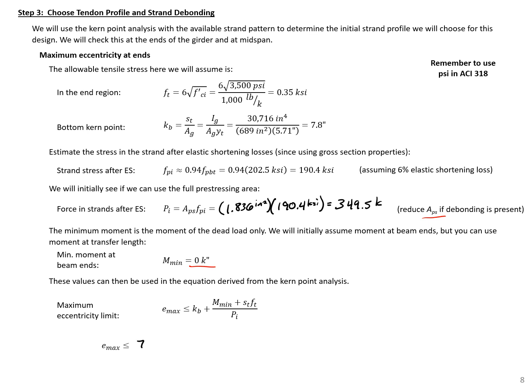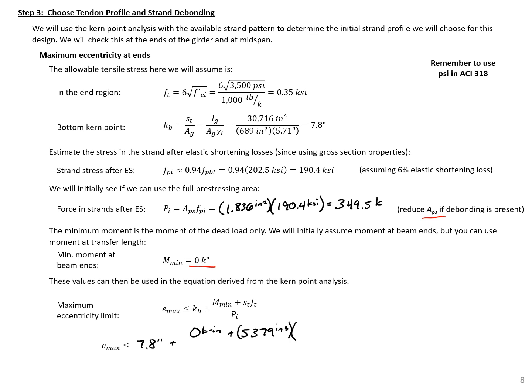So we'll have 7.8 inches plus our minimum moment, 0 kip-inches, plus our section modulus, which is 5,379 inches to the third.